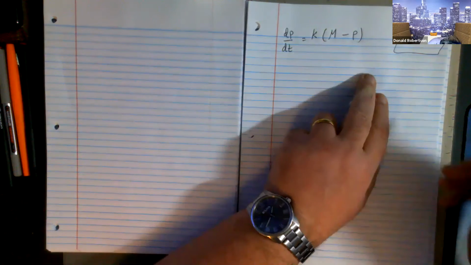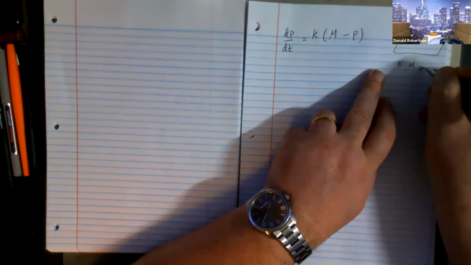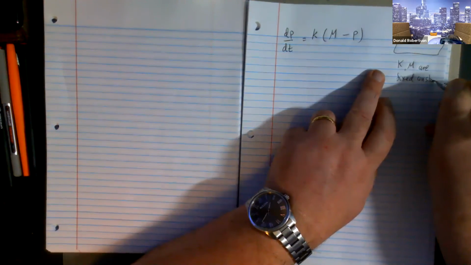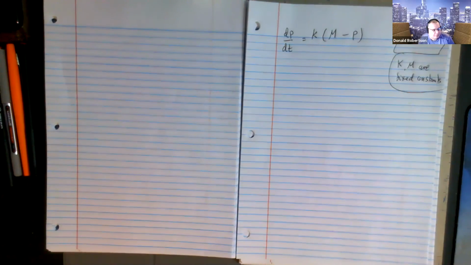I think what makes this question less simple is that there aren't any numbers. K and M are fixed constants. I want you to think of them like plus C's.